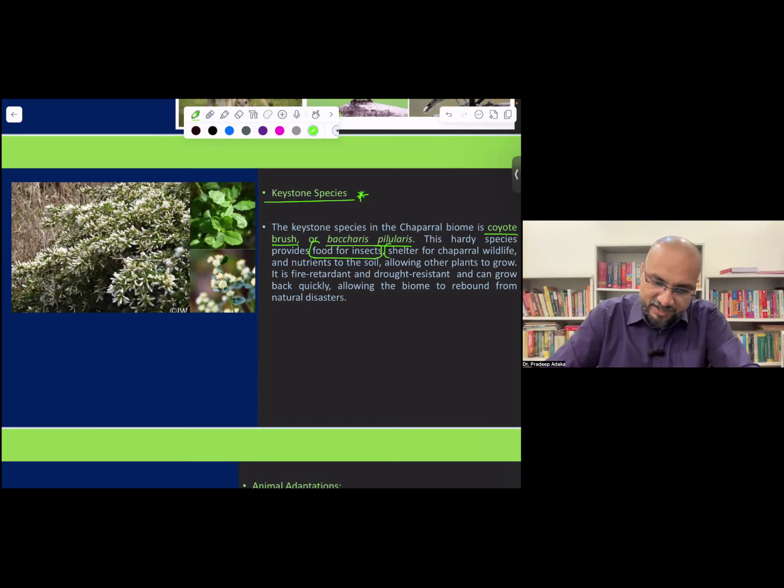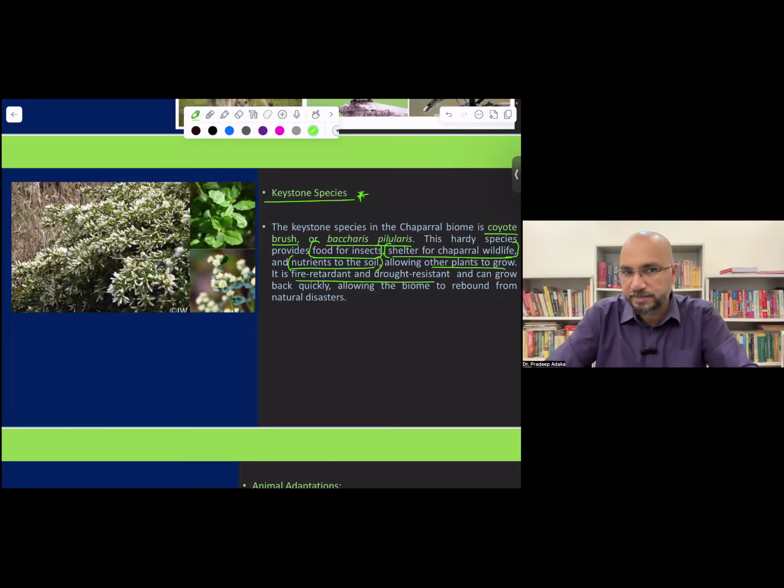It provides shelter or shade for your chaparral wildlife. It also provides nutrients to the soil through nutrient cycling. I mean, organic matter is added, which allows other plants to grow. It is a fire retardant and drought resistant plant. So it is a keystone species. Coyote brush is a keystone species of chaparral biome. All right.